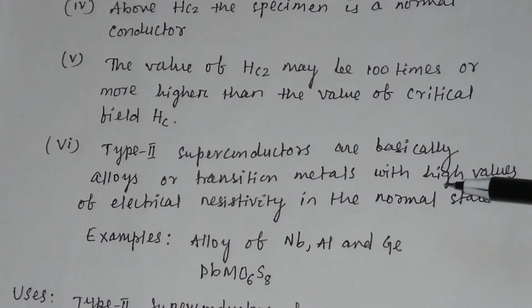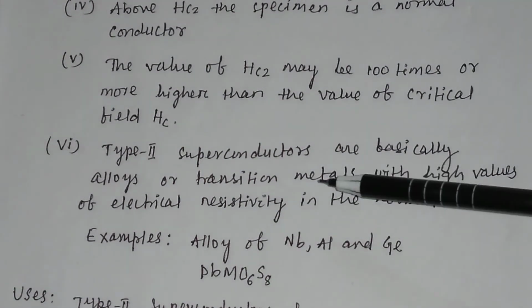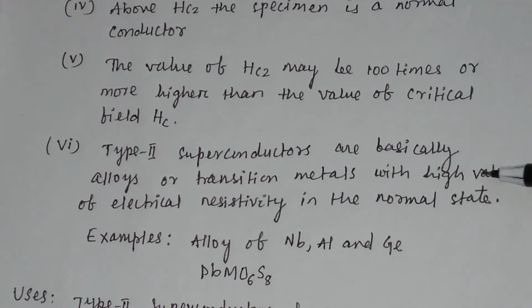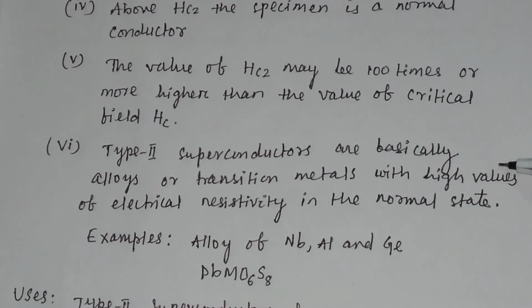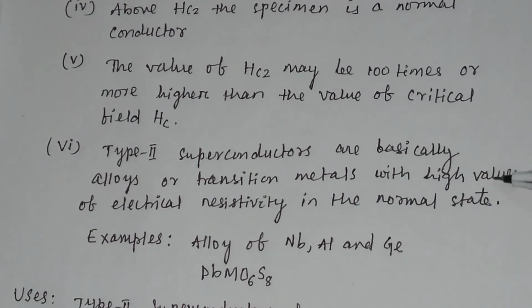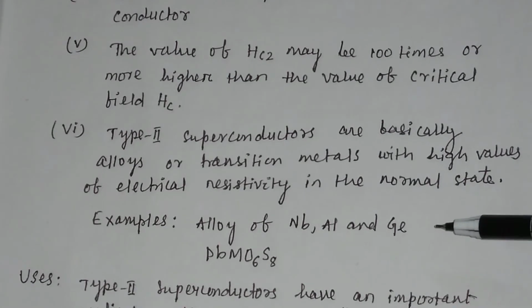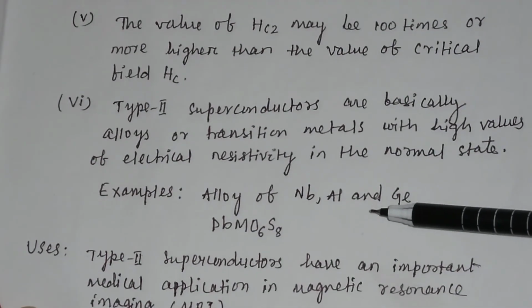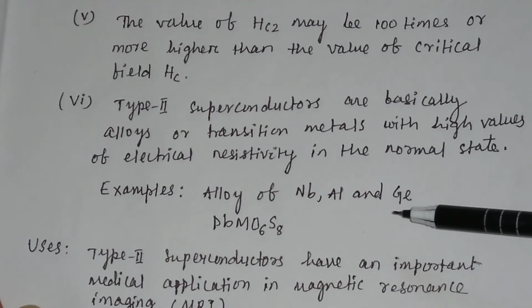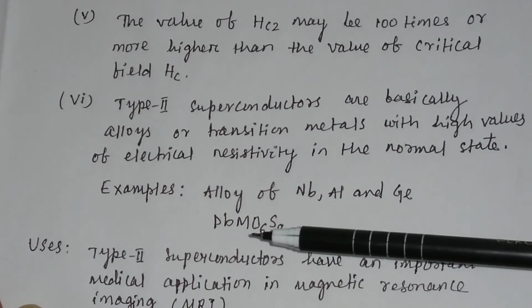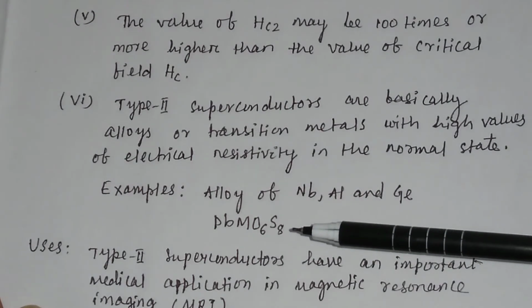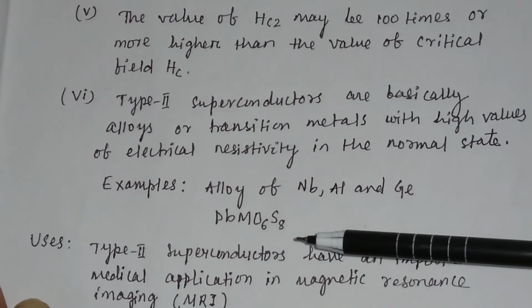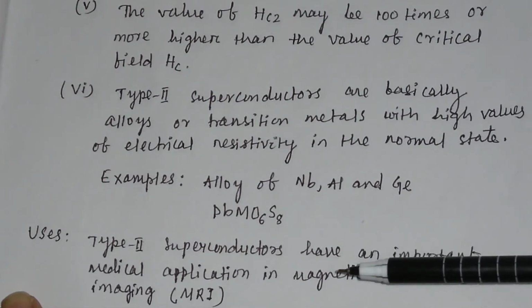Type 2 superconductors are basically alloys or transition metals with high values of electrical resistivity in the normal state. For example, alloys of niobium, aluminum and germanium, and alloys of lead, molybdenum and sulfur. What are the uses of type 2 superconductors?